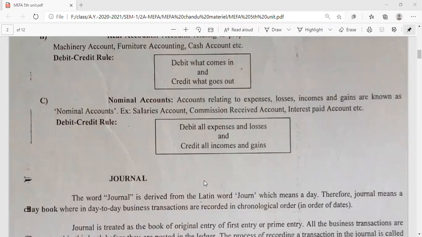Accounts relating to the expenses, losses, incomes, and gains are known as the nominal accounts. For example, salaries account, commission received account, interest paid accounts.